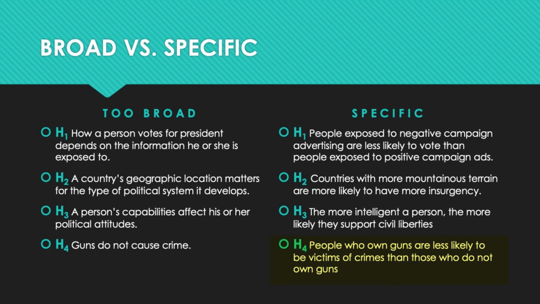That's a testable hypothesis. I mean, again, if we had a survey of people who owned guns and reported whether or not they were victims of crimes, there's a lot of ifs here, but at least that hypothesis is better than the first one. All right, so those are just some examples of how to turn a broad hypothesis into one that is more specific and testable.